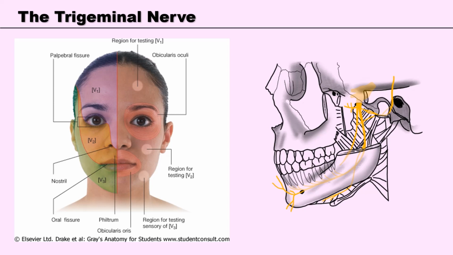The ophthalmic nerve, which is known as V1, provides sensory information to the superior region of the face. The maxillary provides sensory information from the middle portion of the face. And finally, the mandibular branch, which provides sensory feedback from the mandible region of the face, as well as the motor innervation for all of the muscles of mastication.